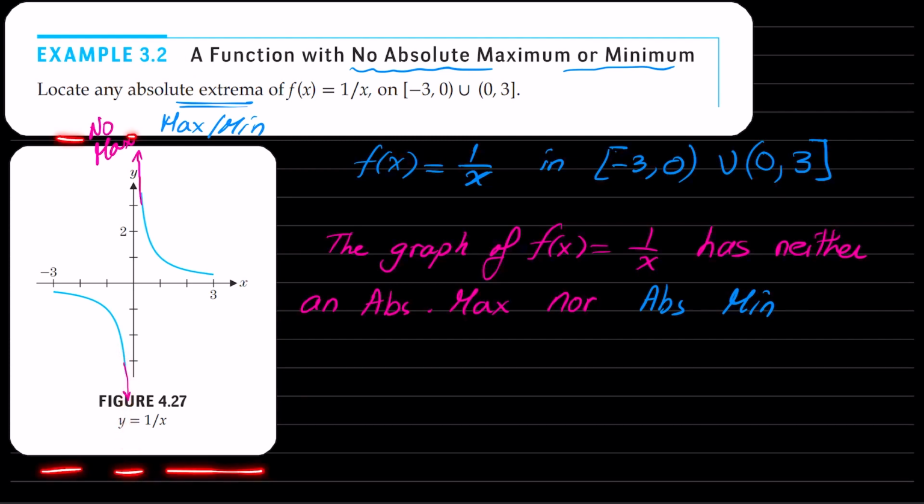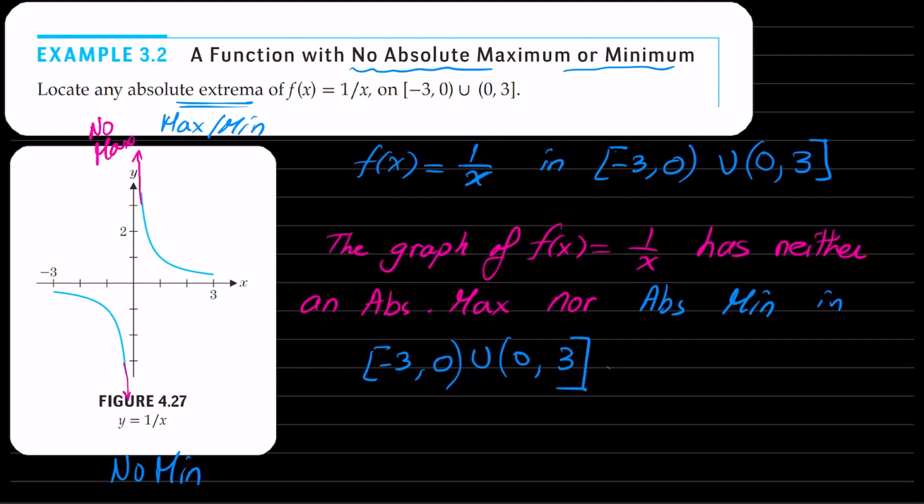So there is no absolute maximum and no absolute minimum in the interval -3 to 0, 0 is not included, union from 0 to 3.